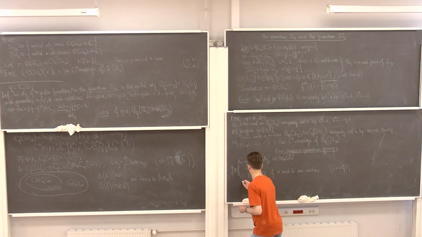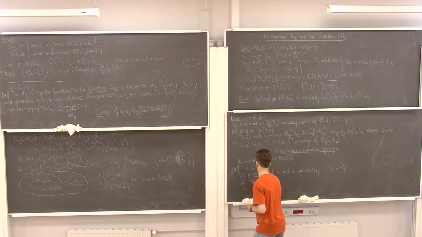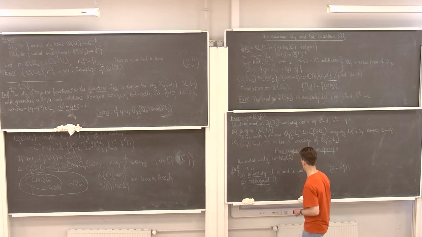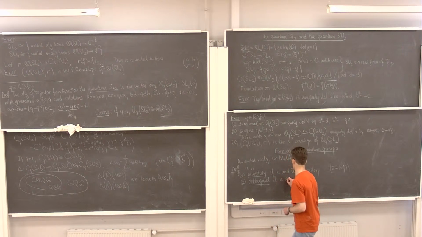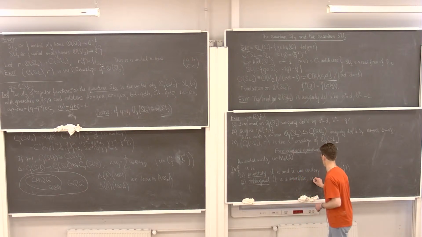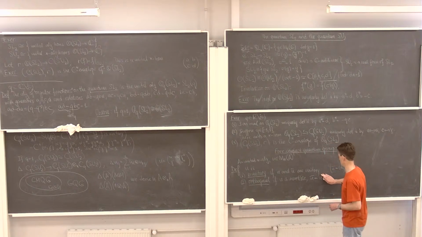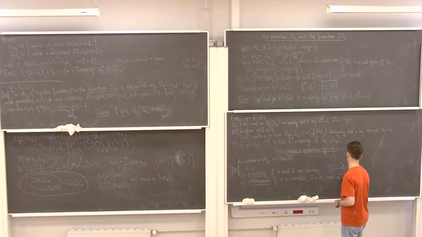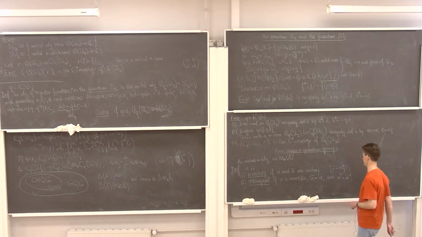Definition 2: we say that U is orthogonal if, first of all, it is invertible, it is self-conjugate in the sense that U bar equals U, and U transpose equals U inverse.